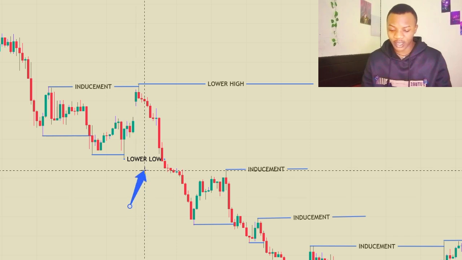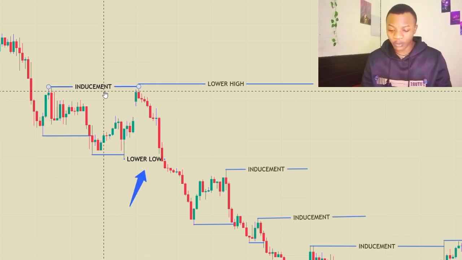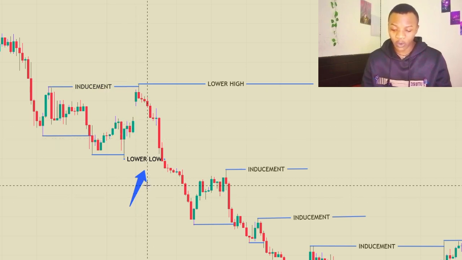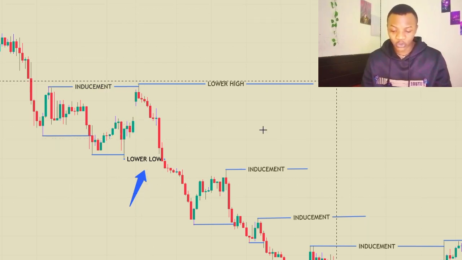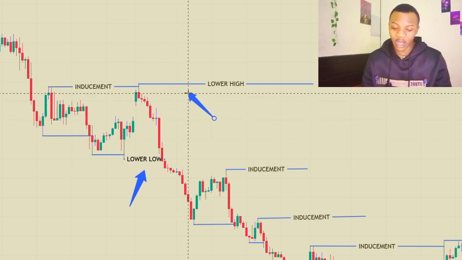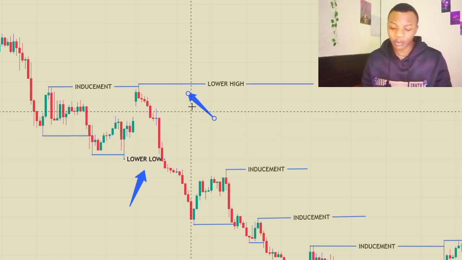Once the price action breaks or sweeps our recent low, we shall confirm our lower high. I've just given you an example in a downtrend.